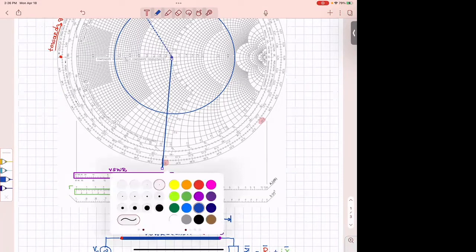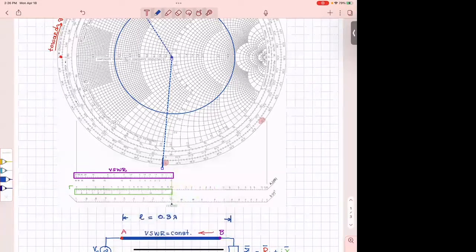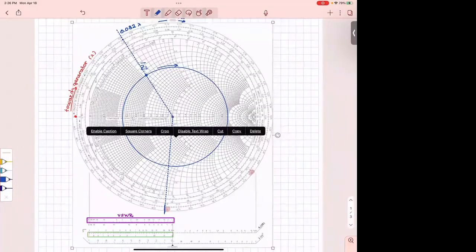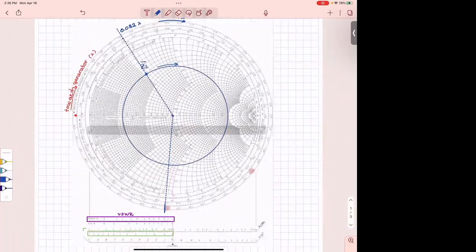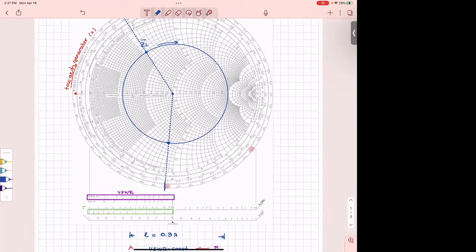I don't want to have too many lines. And right here is the point where I find the input impedance at my source. So I move there from ZL all the way around, and usually the way I show the motion on the Smith chart is like this.